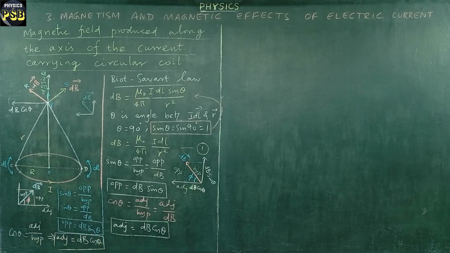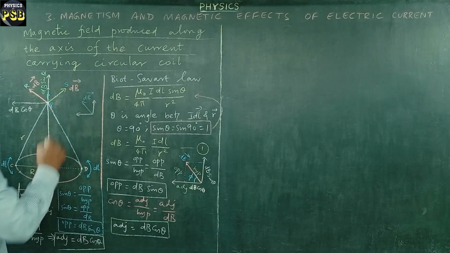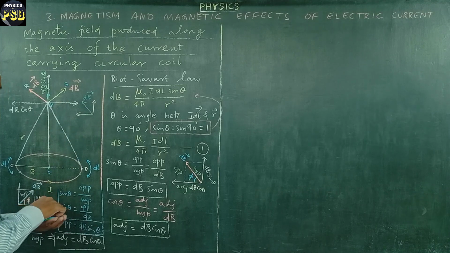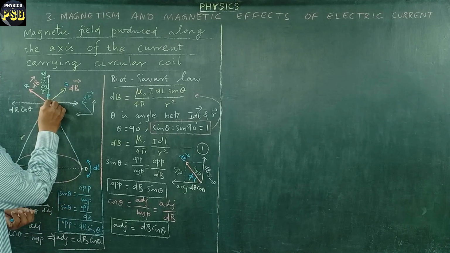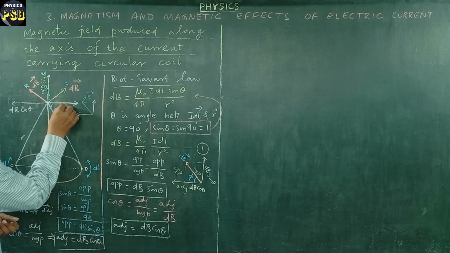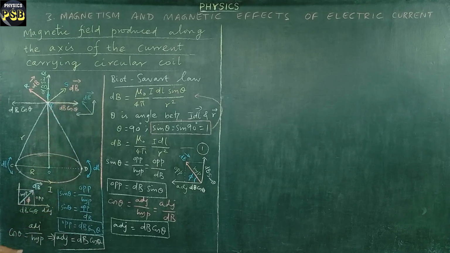I mentioned the value of the adjacent side here, dB cos theta, and it is present over here. Change the color. Equal to dB cos theta, and the opposite side is present here.